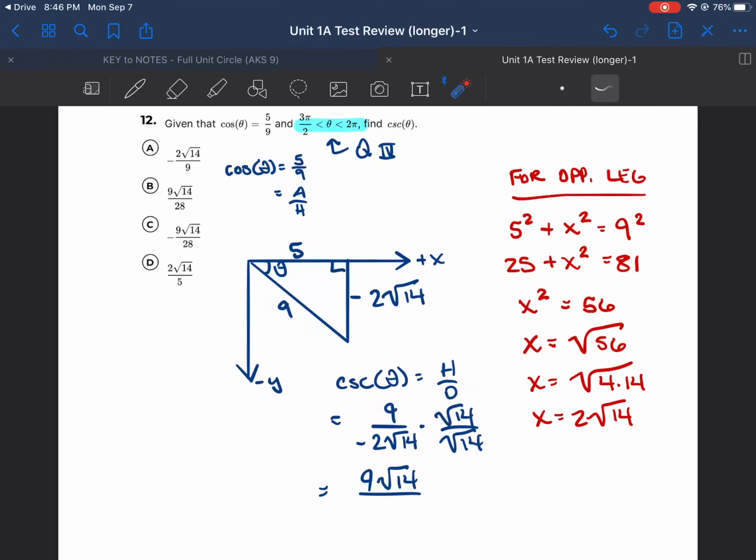Nothing there we can simplify. In the denominator, negative 2 square root of 14 times square root of 14: a square root of 14 times a square root of 14 is just 14, and then we have the negative 2 times that. So this is 9 square root of 14 divided by negative 28. So negative 9 square root of 14 over 28 is our answer.